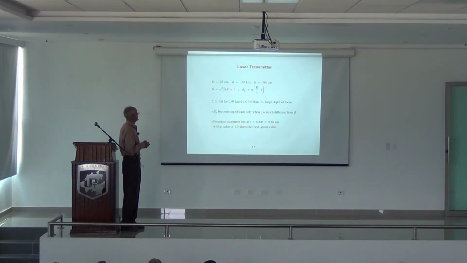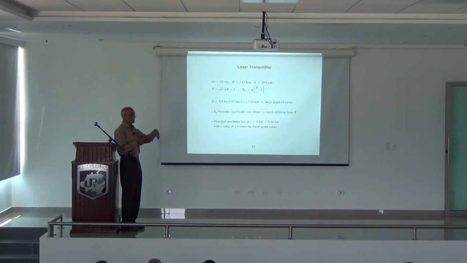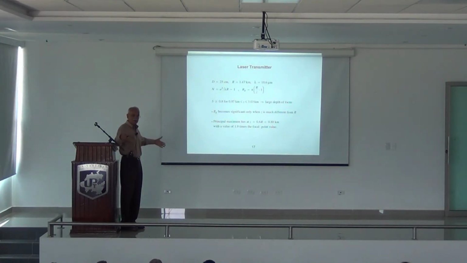Fresnel number N is unity. This is the other expression for the defocus phase aberration. And the Strehl ratio is 0.8 as long as the distance z is between a kilometer and about 3 kilometers. Long depth of focus. Strehl ratio is still 80%, no matter what that z value, as long as it is between 1 and 3 kilometers.